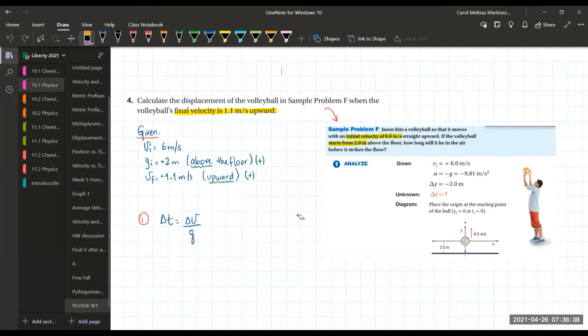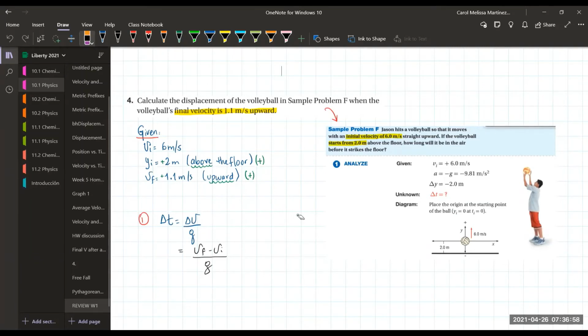Okay, so I saw that delta T was good. So I'm going to use it. So what do I have for delta V? I have final minus initial velocity divided by gravity.